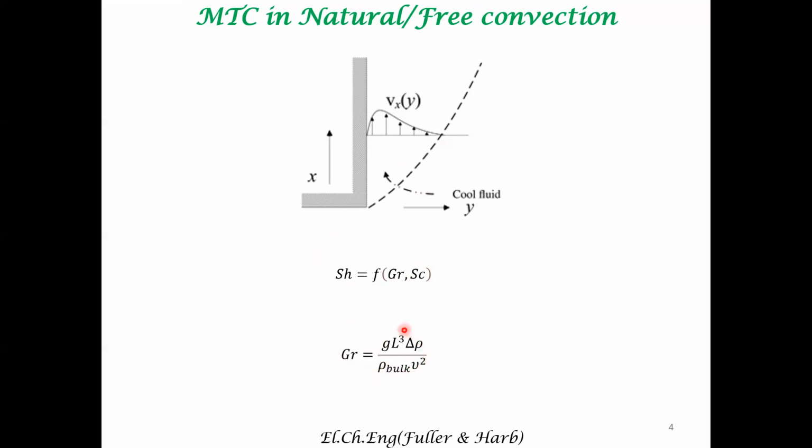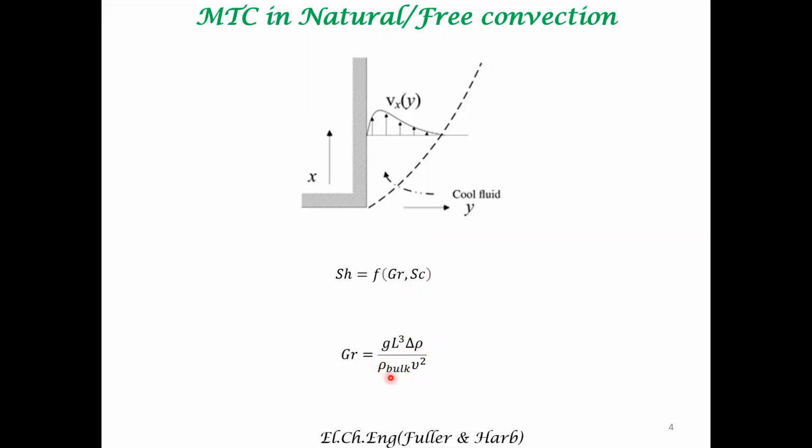The Grashof number is a measure of two quantities. The numerator is a measure of buoyancy forces. The denominator is a measure of viscous forces. So this is again kinematic viscosity. This is density difference.